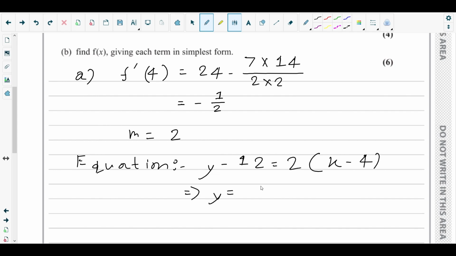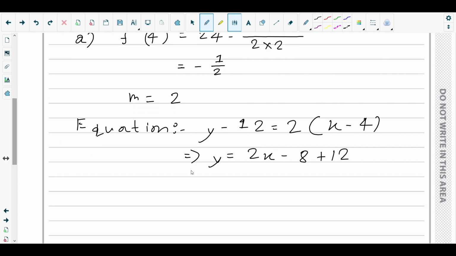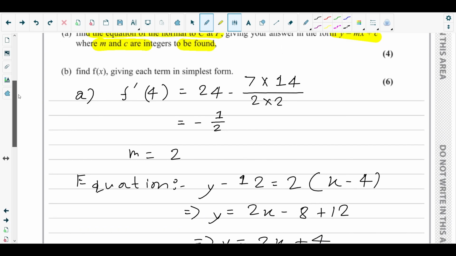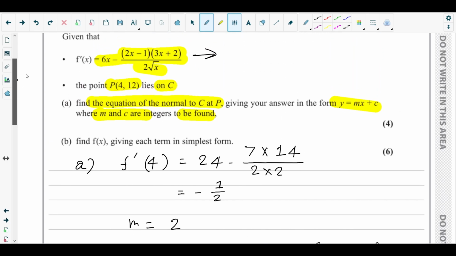We need it in the form y equals mx plus c, so y equals twice x, minus 8, plus 12. You will end up with the equation of the normal as y equals 2x plus 4, where m is 2 and c is 4. This is the equation of the normal to the curve C at point P.